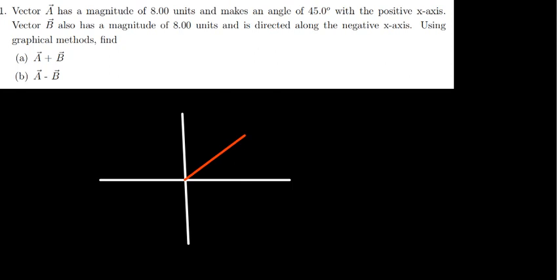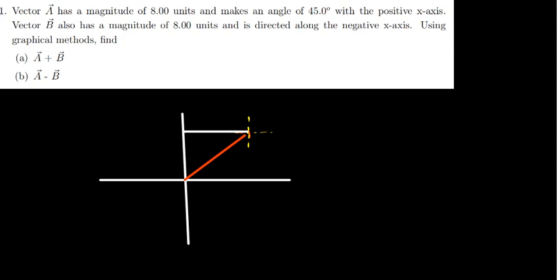That is 45 degrees. Now, this other one is B, on the negative x-axis, meaning it is 180 degrees. So we agreed, you and I, that we put the small dotted line here. And then where do we expect to find it? It's going to be on this line.